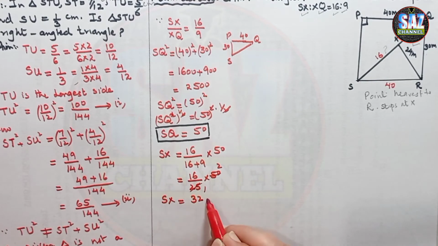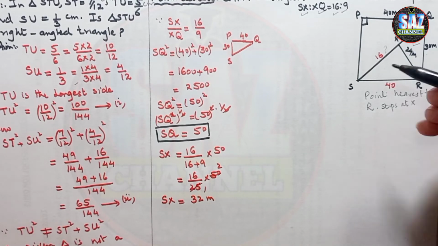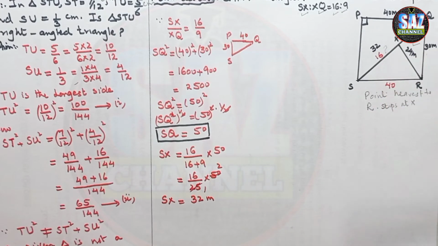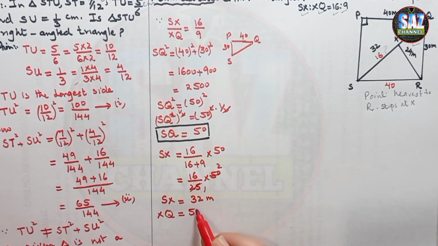SX is 32 meters. Now for the other part, XQ, I will not apply the ratio method. I will just subtract this answer from 50, because the total length is given to us: 50 minus 32 is 18. XQ is 18 meters.